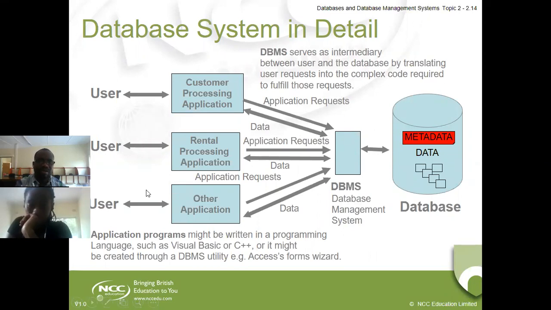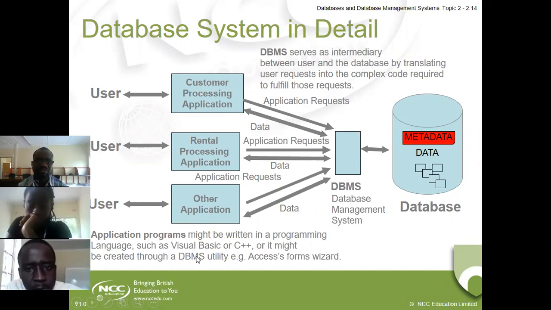Then application programs on the user side might be written in programming languages such as Visual Basic, C++, C#, Python, or any language. There are so many languages. Or it might be created through a DBMS utility, e.g. Access forms wizard.